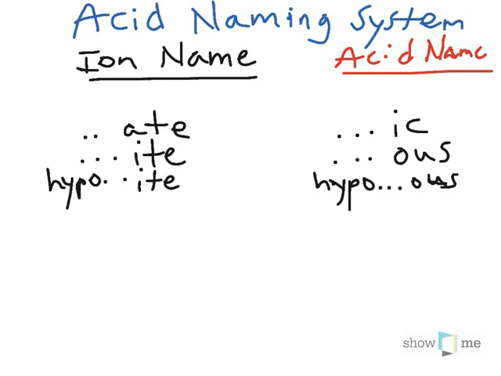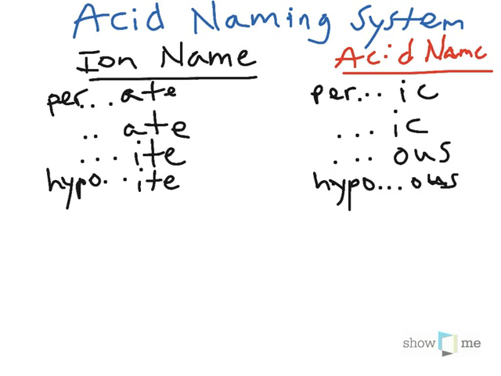Okay. If I have something like per-ate, that becomes a per-ic acid. And I'll show you some examples of those.